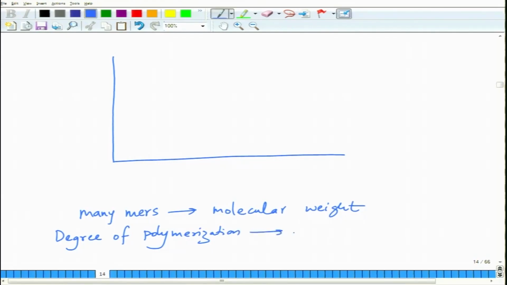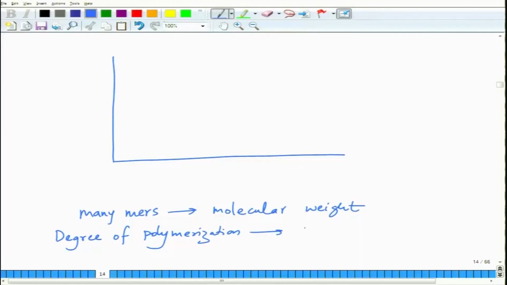So, degree of polymerization basically is the degree to which MERS attach to each other in chains. If you have, let us say, a C2H4 molecule, this N is the degree of polymerization. So, higher molecular weight will mean a higher value of N. So, the higher the degree of polymerization, the higher the molecular weight of the polymer will be.